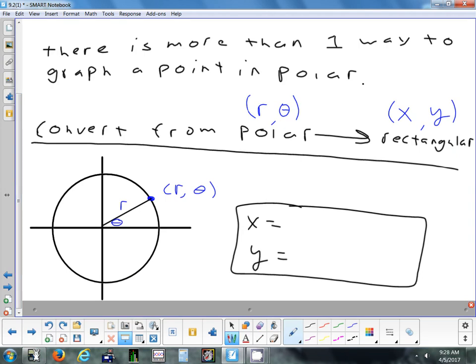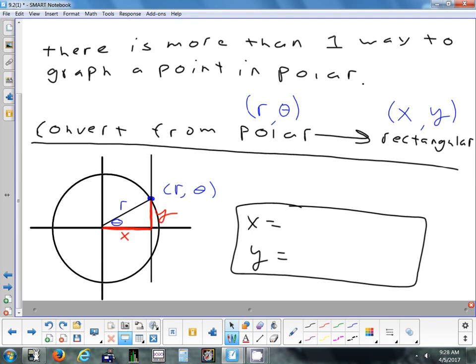What do you think I could do to this diagram, and we've done this a lot, to start to figure out what x and y would be, or to visualize it? Yep. You draw a right triangle. Yeah, I could draw a right triangle. So I'm just going to basically make a right triangle, right there. So now that is my x, and that's my y.